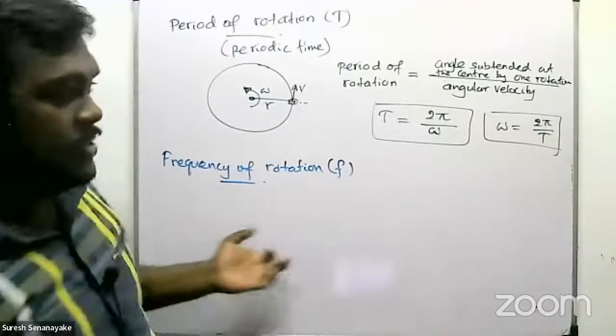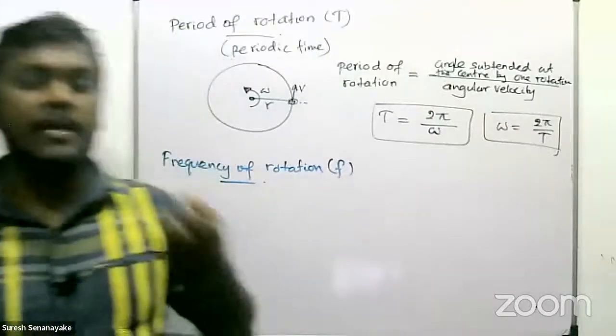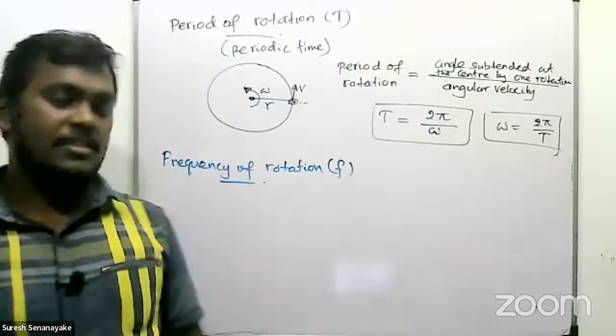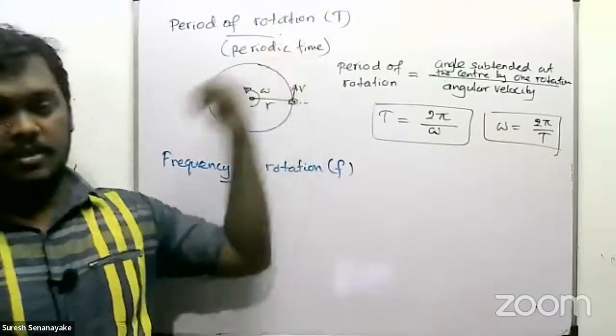The frequency means how many rotations are executed per 1 second, so it is the reciprocal of the time period.